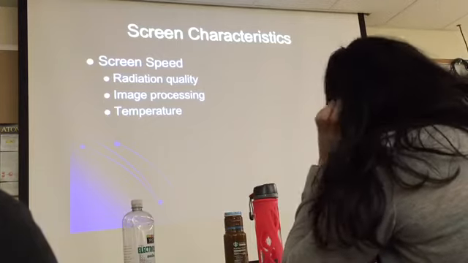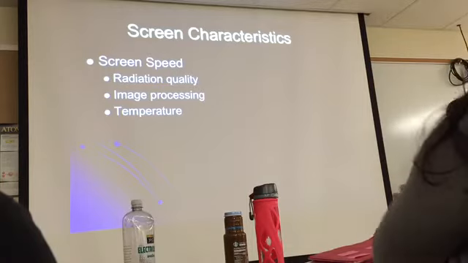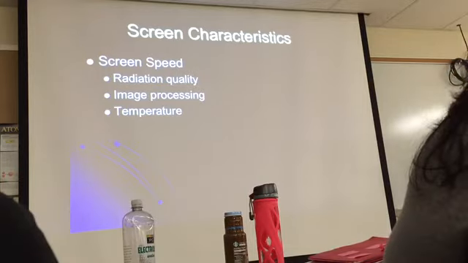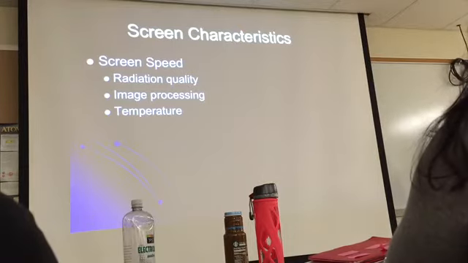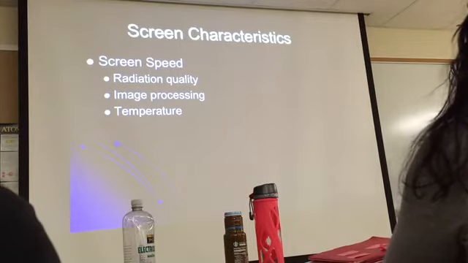You will use the same film, and pay attention here, if you get lost, you're going to get lost. You have the same film, but you will use it in different screens. And that combination will give you the speed system. Not just the speed of the screen or the speed of the film, but the speed of the system.